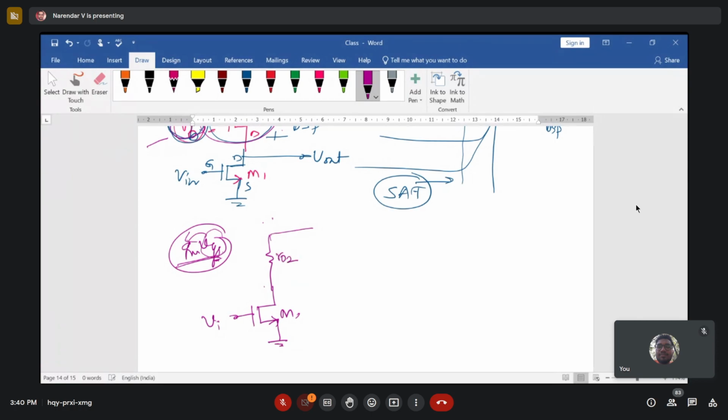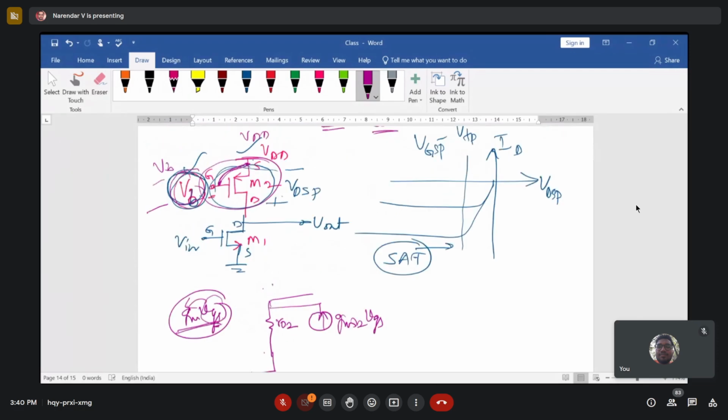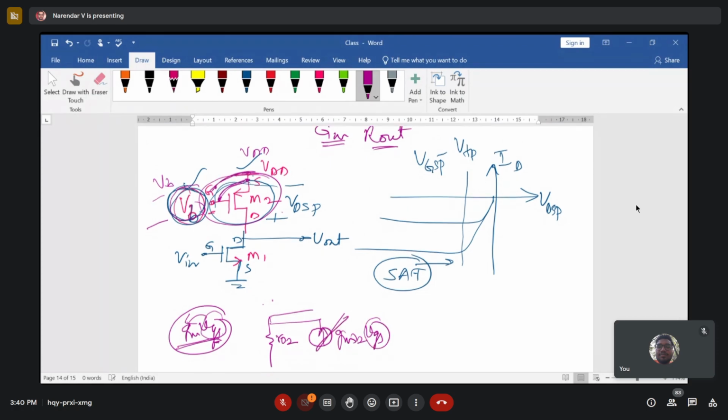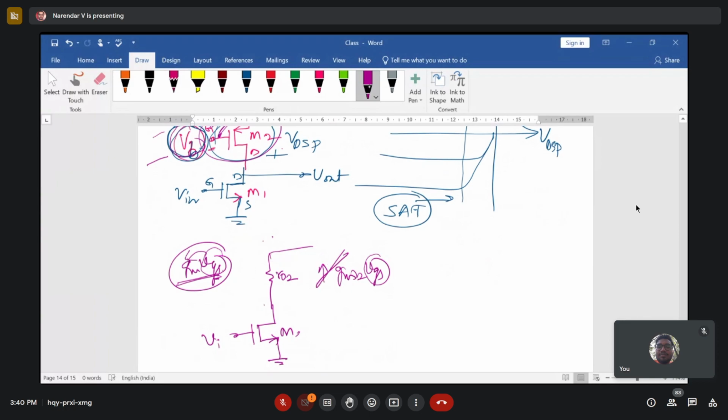This is r02 because of your M2 transistor. Along with this, this is upward, gm2 times VGS. Because here the gate voltage and source voltage are the same, there is no difference in the gate to source voltage, so you can neglect this. That's why we are neglecting this factor, and for AC analysis it is connected to ground. And this is your V0.